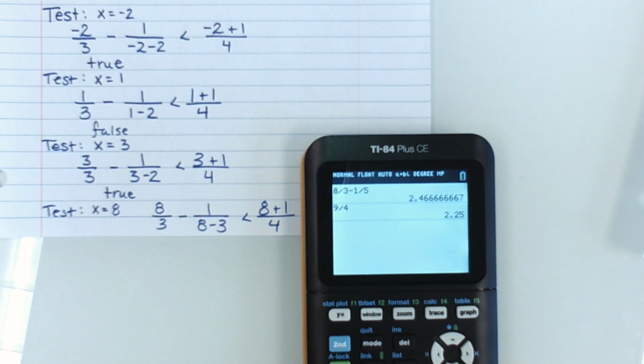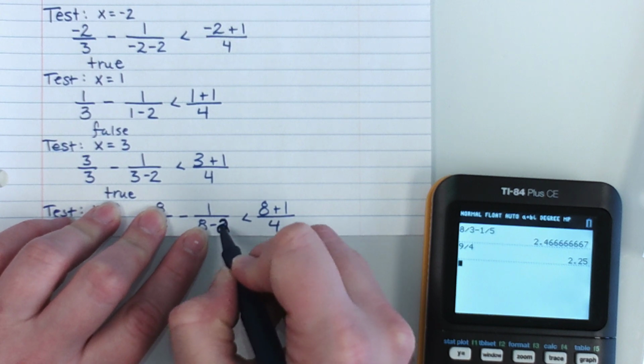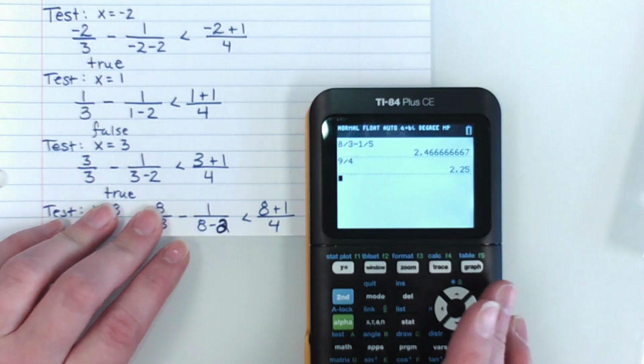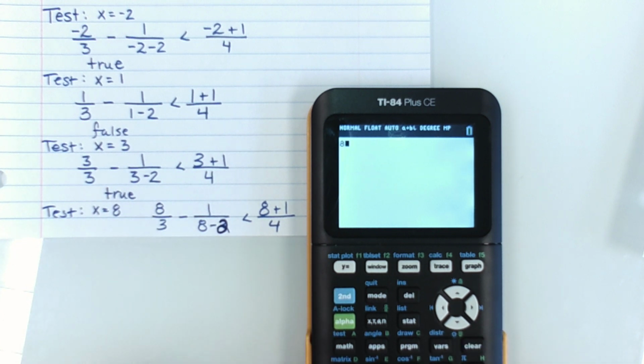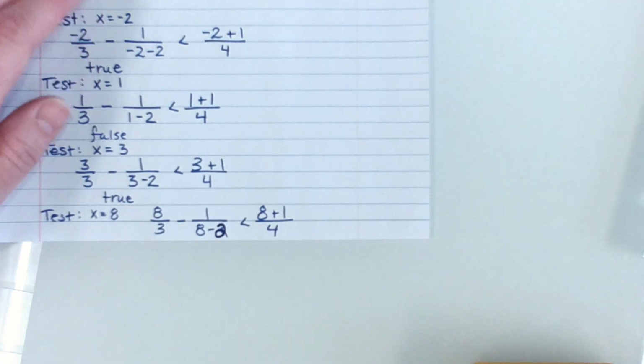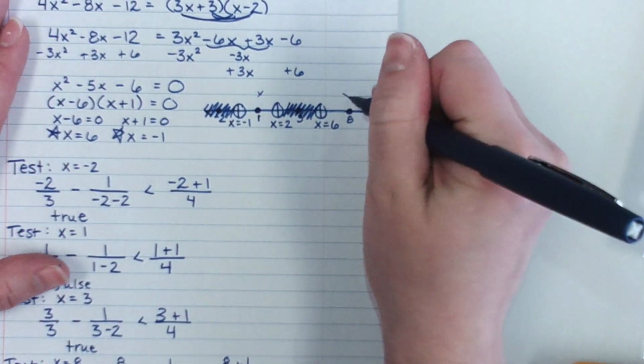What? Is this supposed to be 8 minus 2? Yes, good eye. The equation has x minus 2. I don't know why I put 3 in. Let's try that again. So that's 1 over 6, and then that one's 9 over 4. 2.5 less than 2.25? Nope. Okay, I tested all my regions.